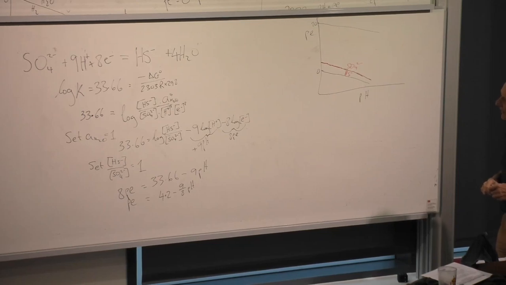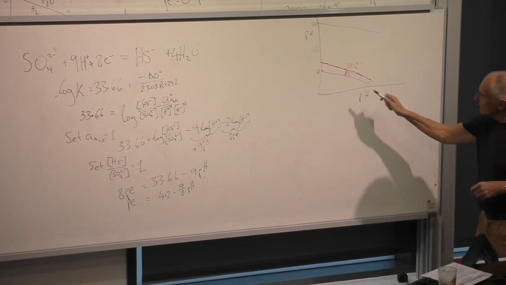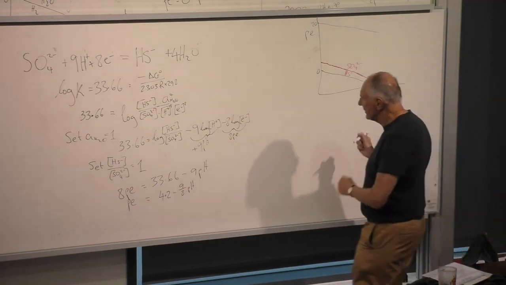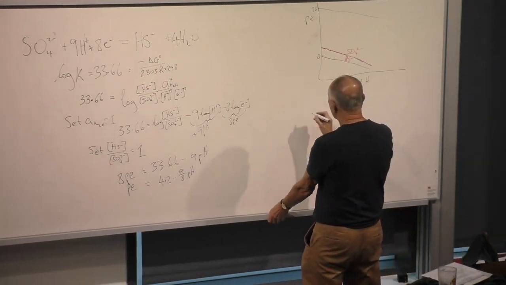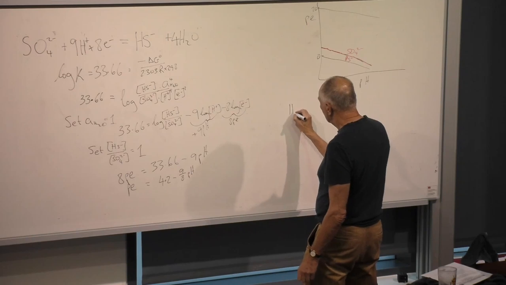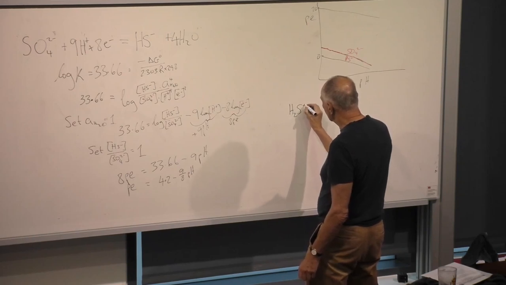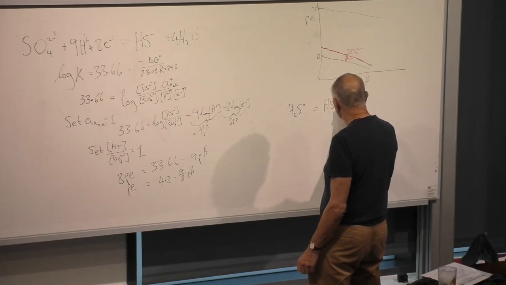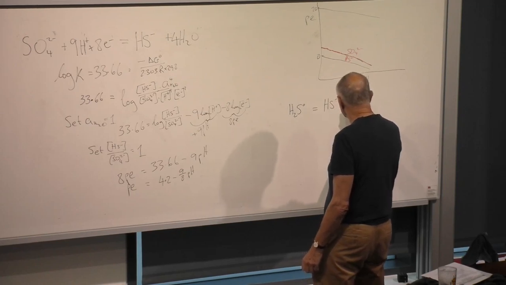Well, there's another form of this sulfide ion, and that is H2S 0. So we can run another reaction, which is H2S 0 goes to HS minus plus H plus.